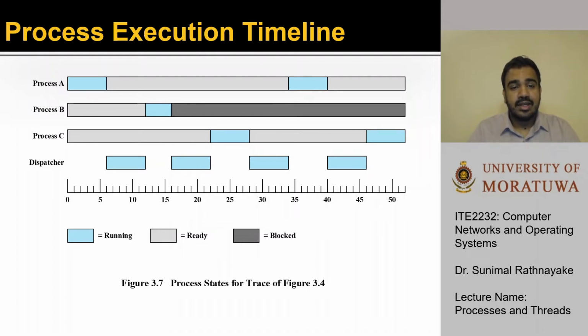Process C, which is at the ready state, now goes into the running state, and then to the ready state again, and then running state again at the end after process A completes. So this is an example of how the different processes take turns on the processor to run.